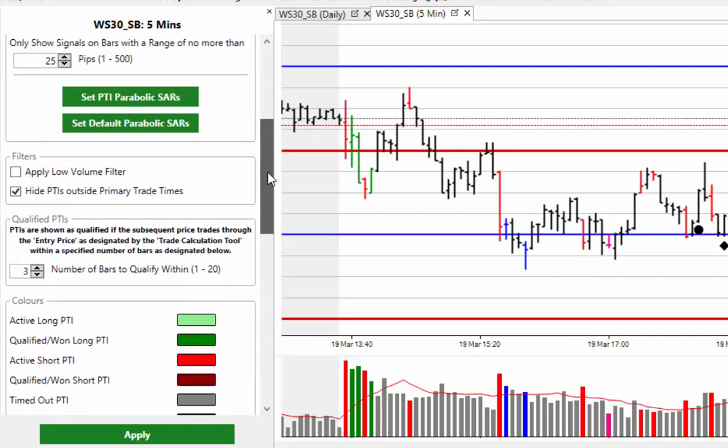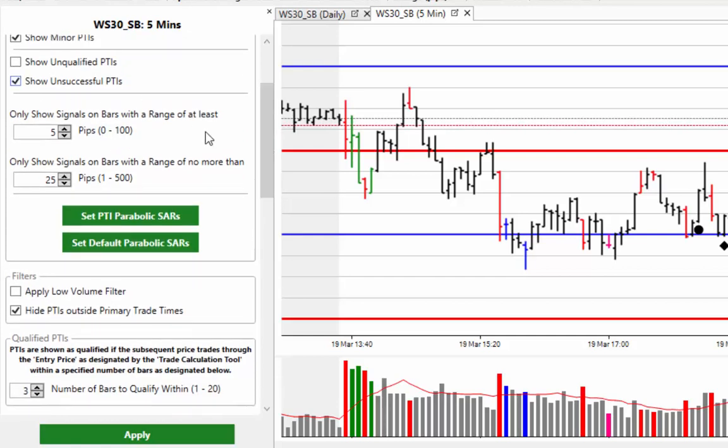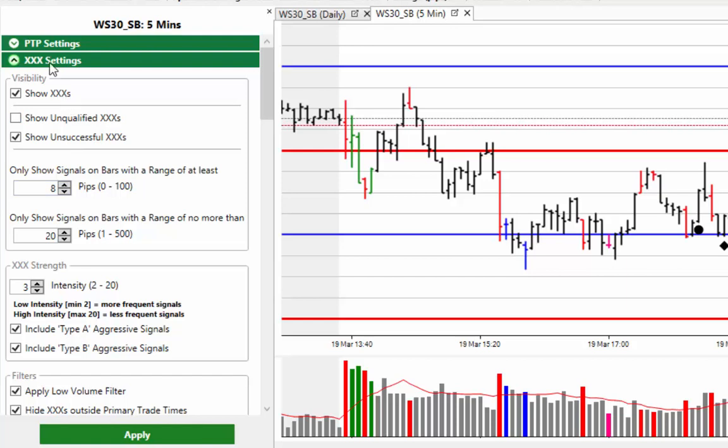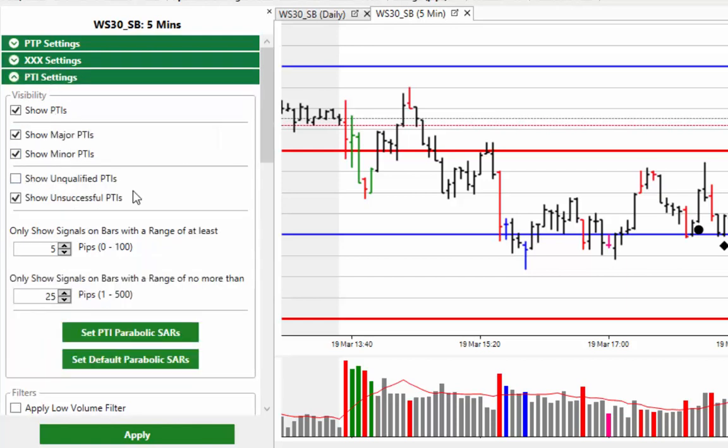You can find this setting inside of each of the settings, including the triple X's and PTPs as well. So they're more local now as opposed to global.